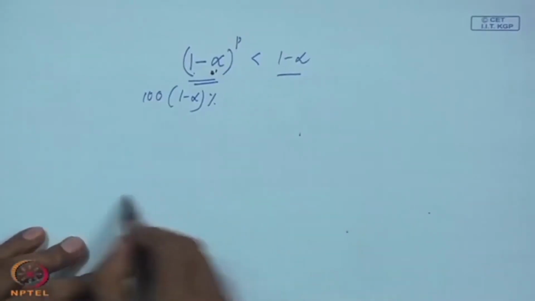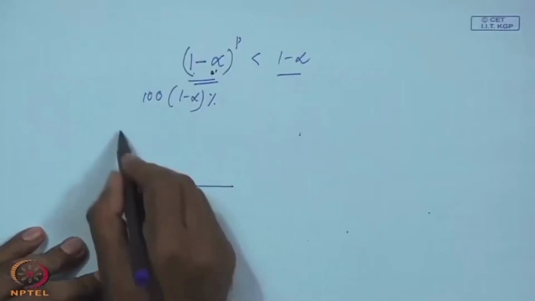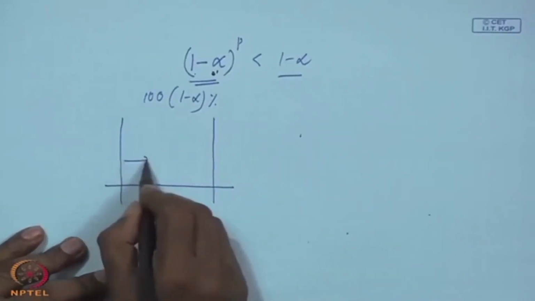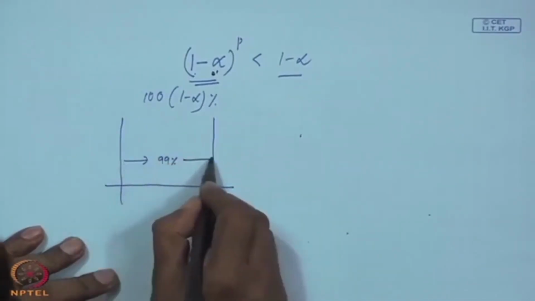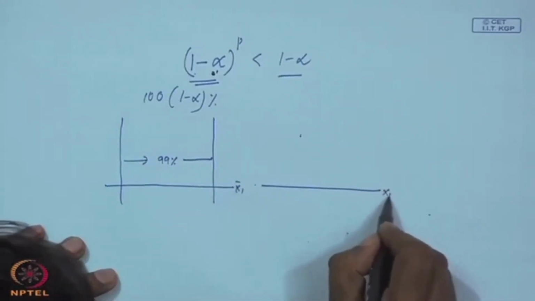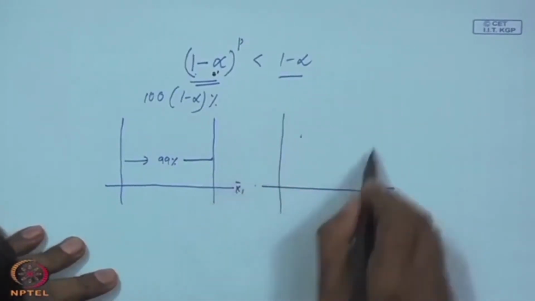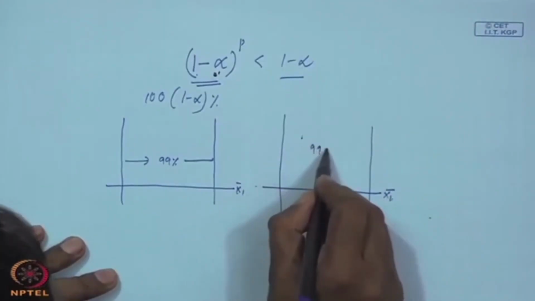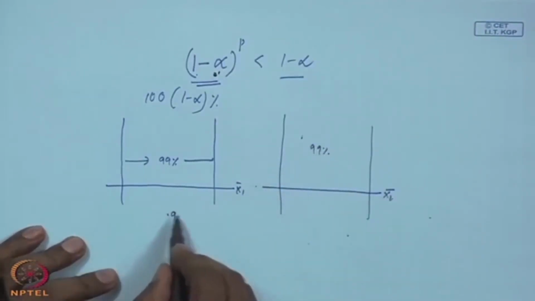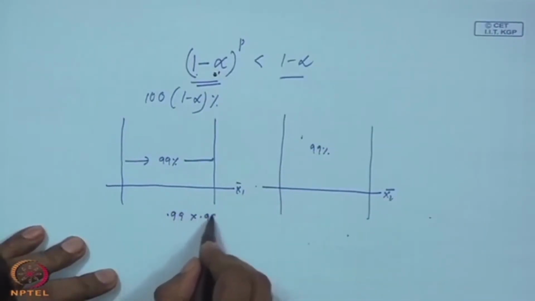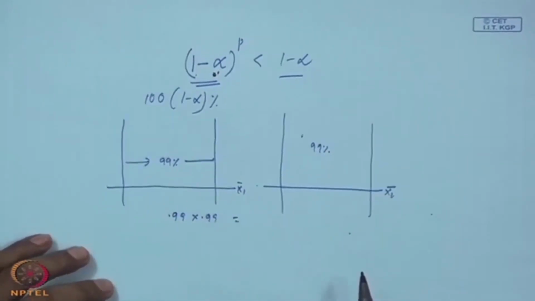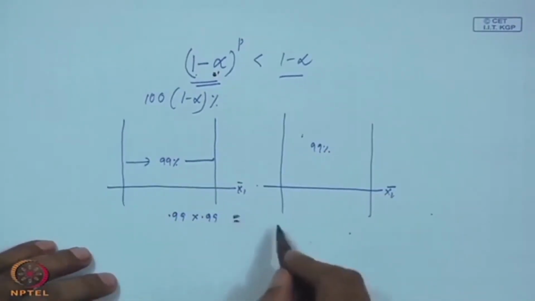You are getting me? Like my first variable's individual interval, let it be 99% that you find out. Then for the second variable also you find out the individual interval, 99%. Then what will be the total? If you multiply 0.99 into 0.99, what will be this quantity? You just check, it will also be a large quantity.